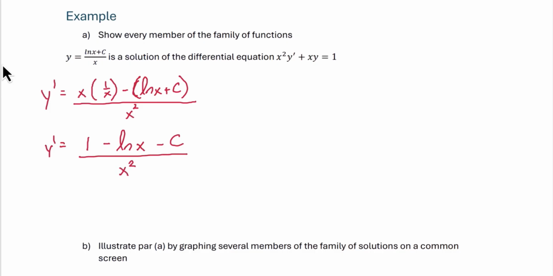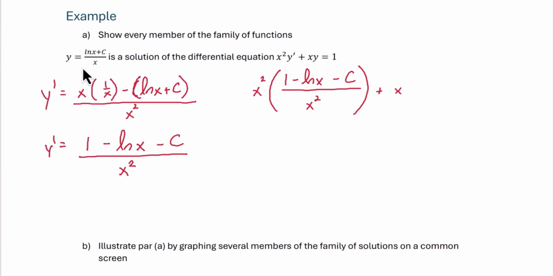And now we'll plug this into the differential equation and just confirm that we get a solution. So plugging into this equation, we have x squared times y prime. Y prime is what we just found, 1 minus ln x minus c divided by x squared, plus x times y.